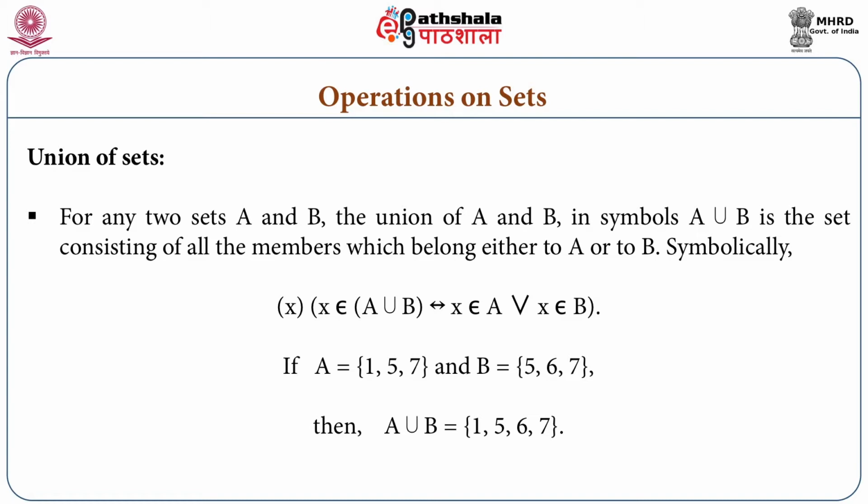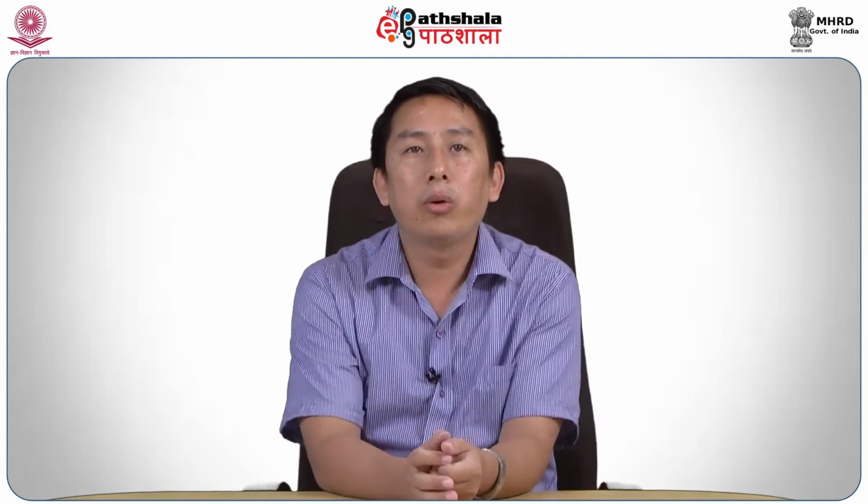So for something to be a member of the union, it need not be a member of both sets. It satisfies the condition if it is a member of only one of the sets. That's why it is either-or.